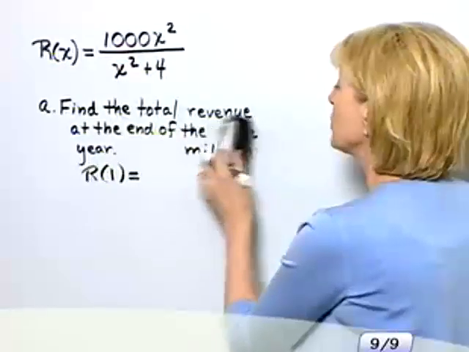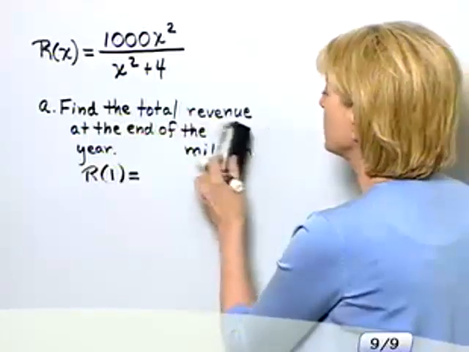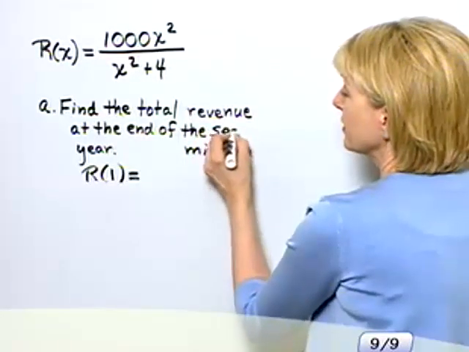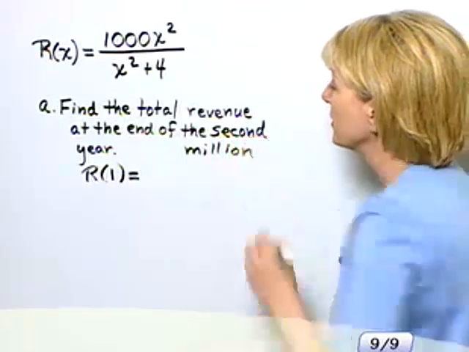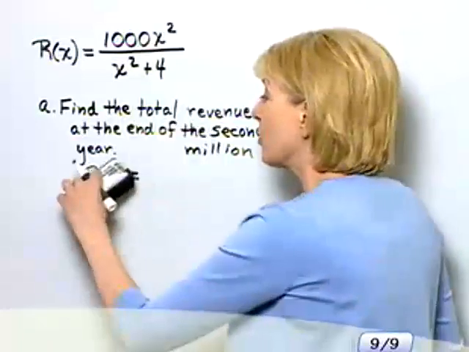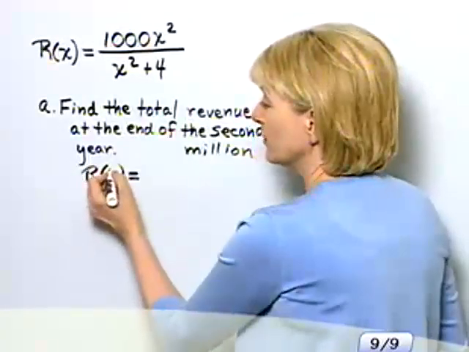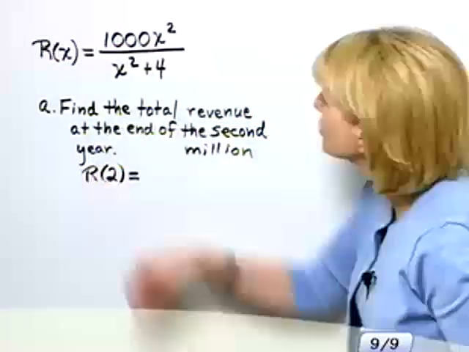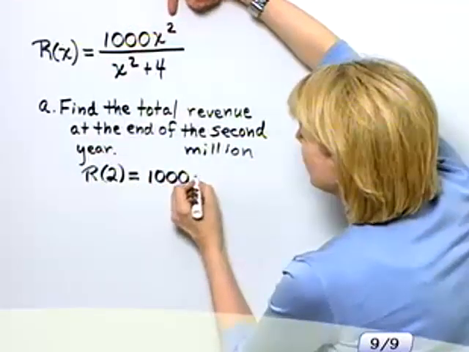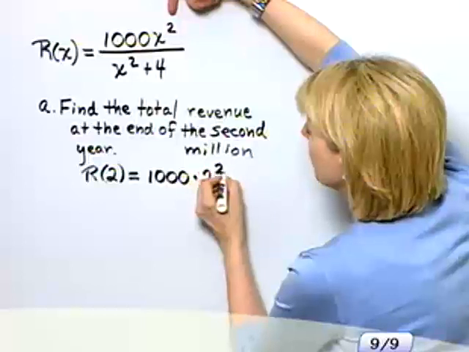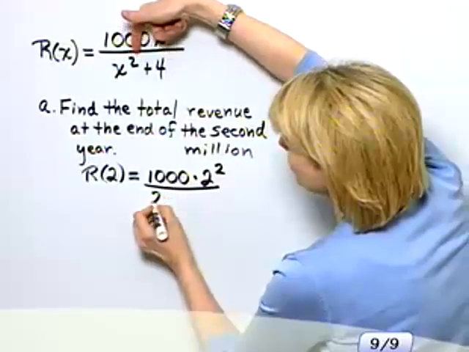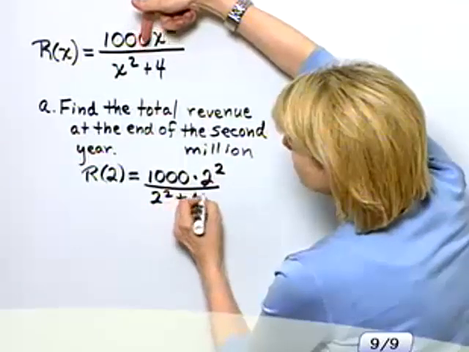And you tell me or be thinking about how we do this. All right, so the end of the second year. The total revenue by the end of the second year, that's R of 2. Let's find R of 2. That's 1,000 times 2 squared. You can put it in parentheses or not, it's up to you. Over 2 squared plus 4.